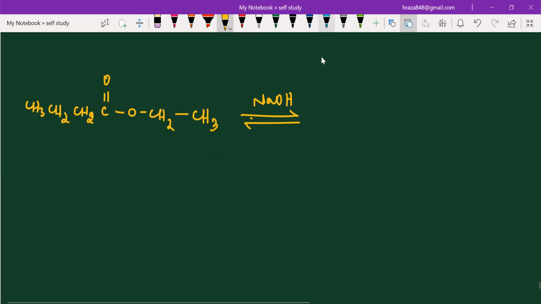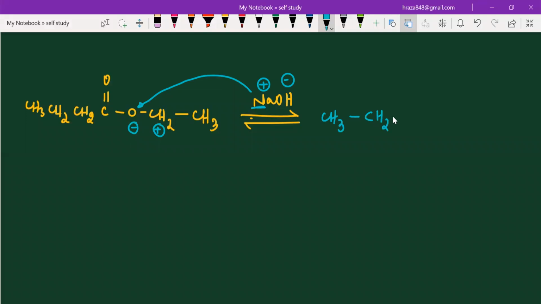What will happen here? This Na will go directly to this because it will have a positive sign, and this will have negative. Opposite charges attract each other. So this will be the product you will get, C double bond O Na.